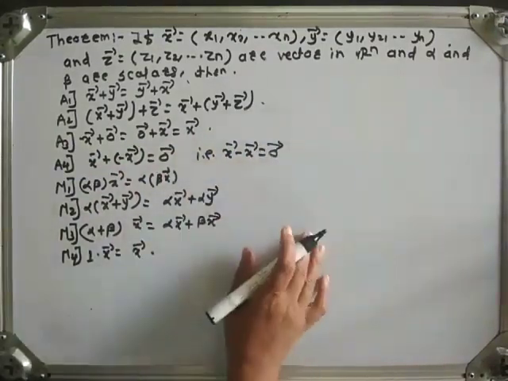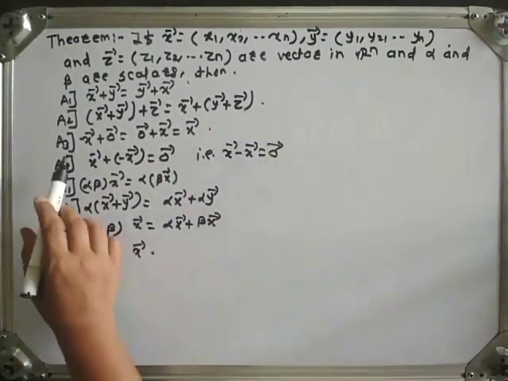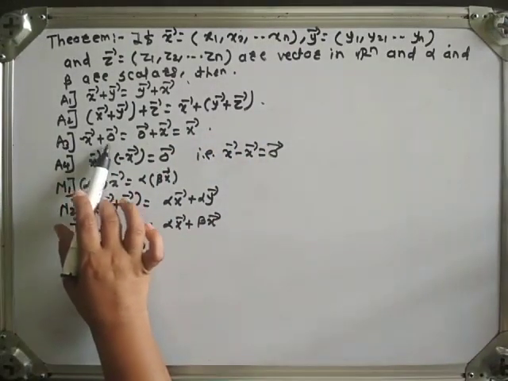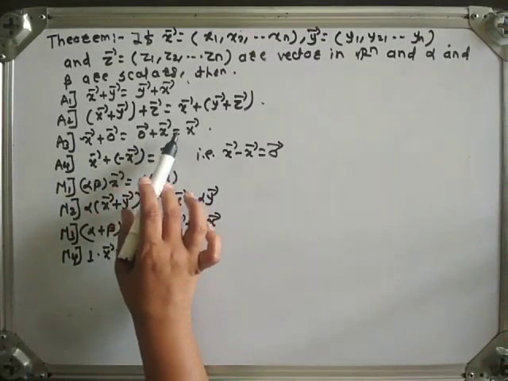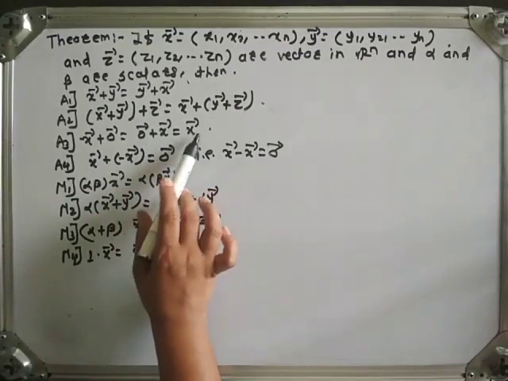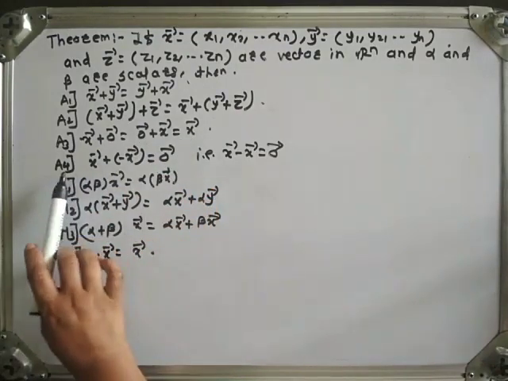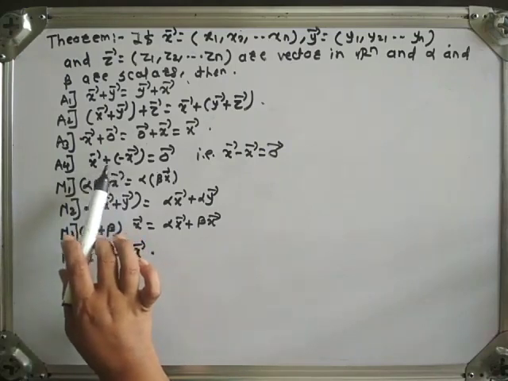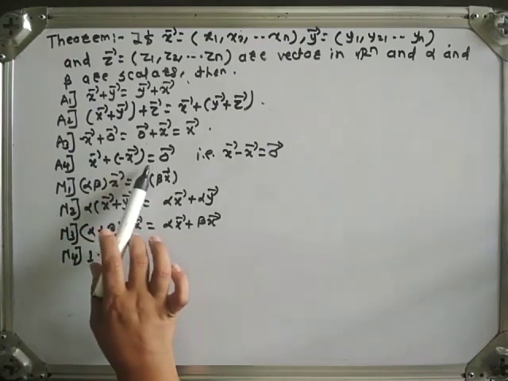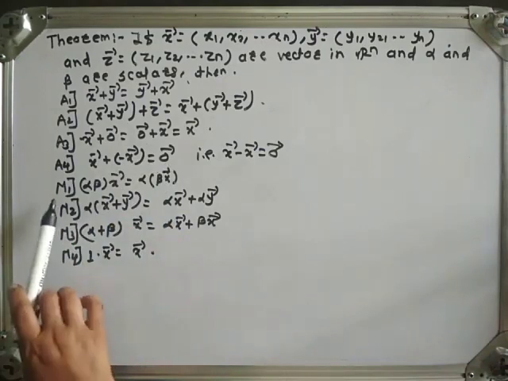This property is called associative property. Third property is x bar plus 0 bar is equal to 0 bar plus x bar, which is equal to x bar. Fourth property is x bar plus minus x bar is equal to 0 bar.